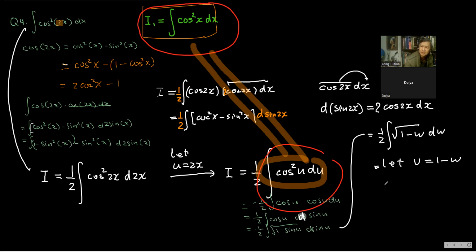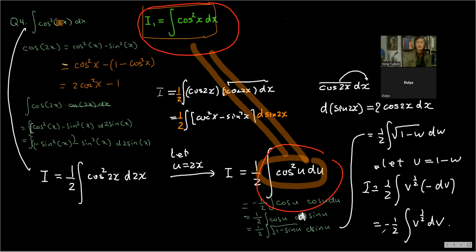So that integral will become half. That's much simpler. v square root half and negative dv. All right. Negative half v half dv. Yes, that can be done. That is how we use the substitution method. All right.